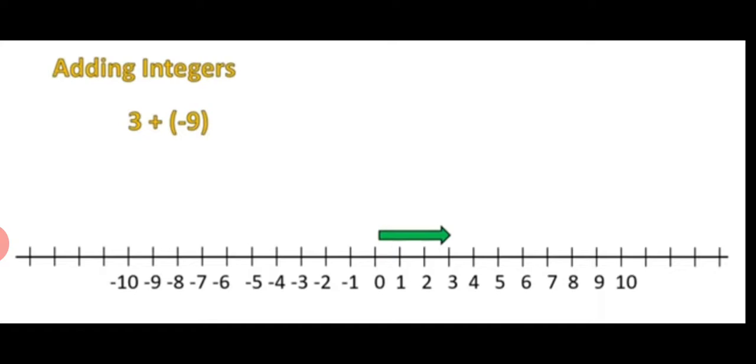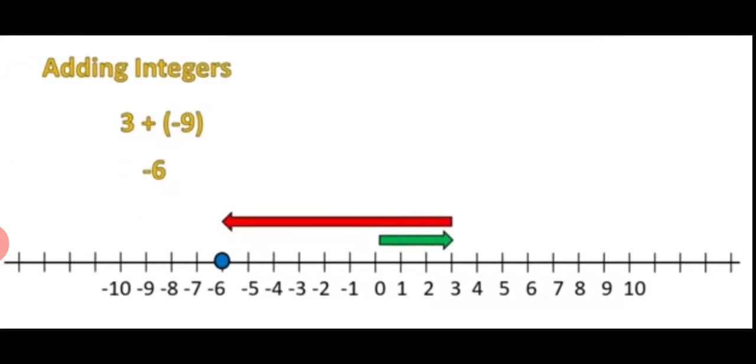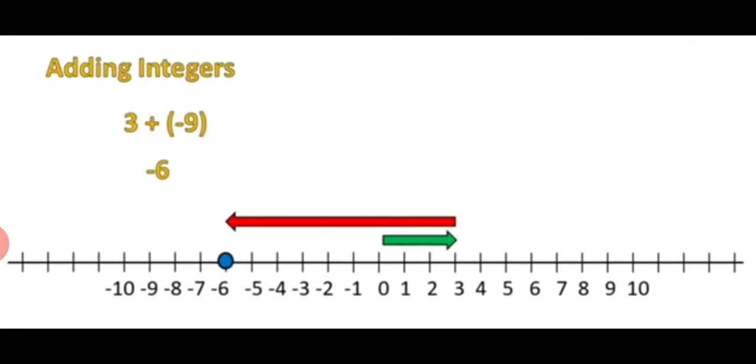Next, -9. -9 means starting from 3, we shall move towards the left side up to 9 units. Here the red arrow indicates that starting from 3, we move towards the left up to 9 units and got the result -6.